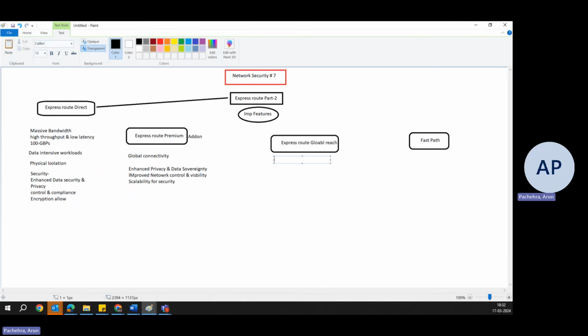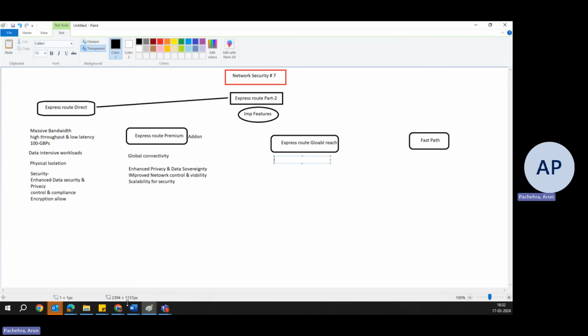Global Reach is an advanced feature of Azure ExpressRoute that enhances its capability by allowing customers to connect their on-premises networks across different geographical locations through the Microsoft Global Network. Essentially, Global Reach extends the utility of ExpressRoute beyond cloud connectivity, enabling private, high speed, and secure communication between various on-premises sites. So what they are doing is actually connecting two on-premises sites through the Microsoft backbone.